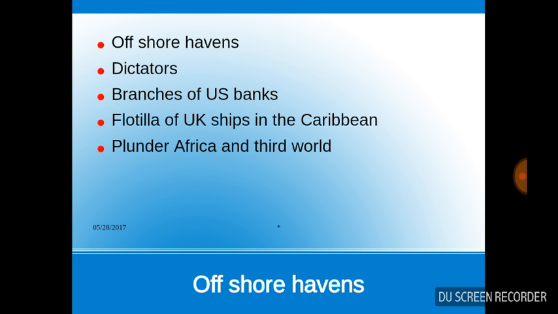So these offshore havens are places basically where these big corporations take their taxes. And if you look at them in detail as well, you find that they're all just branches of US banks or British banks.